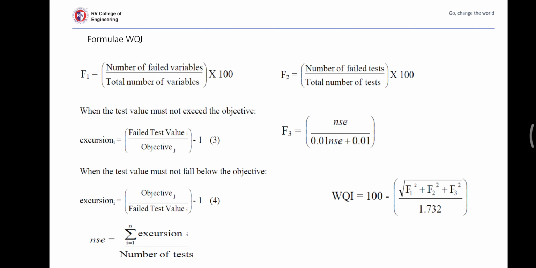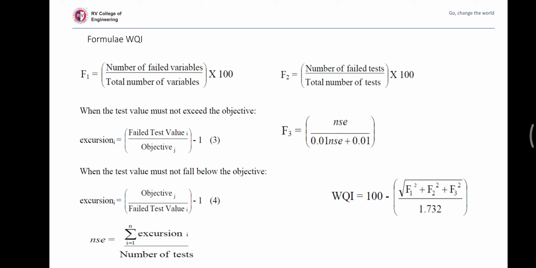Okay, this is the final water quality index formula that we have finalized. First, we have to calculate 3 parameters, which are F1, F2 and F3. First, coming to F1, it is defined as the number of failed variables to the total number of variables. As I mentioned, we have 4 sensors. First is pH, second is temperature, third is total dissolved salts, and fourth is turbidity. So we have 4 parameters.